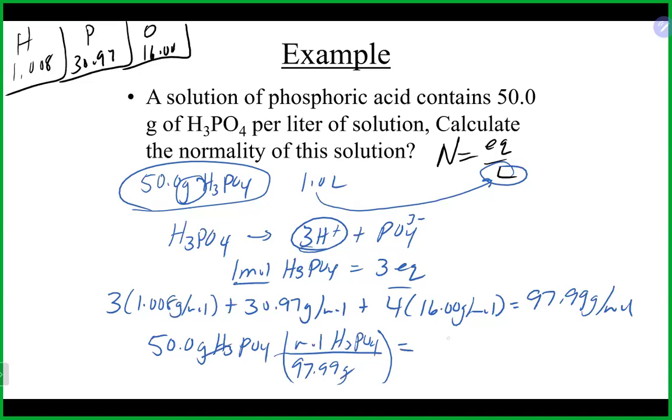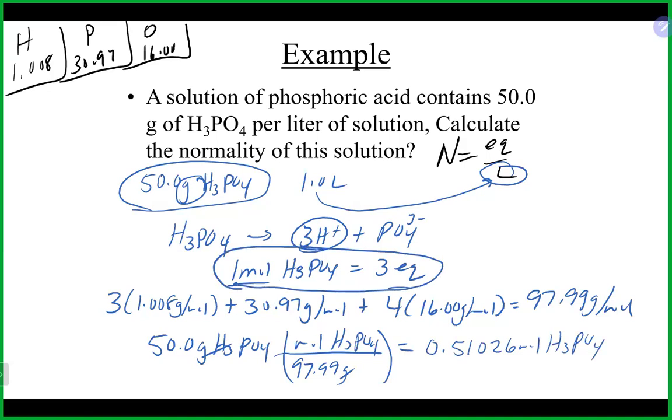Grams will cancel. So we can take 50 divided by 97.99, which gets us 0.51026 moles of phosphoric acid. We can now use our mole to equivalent relationship there.